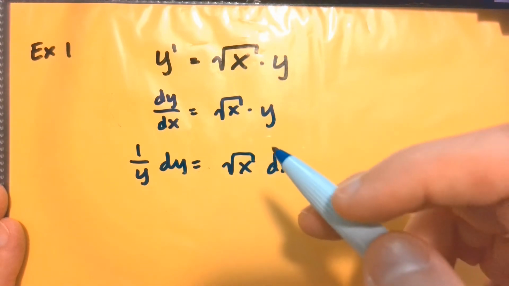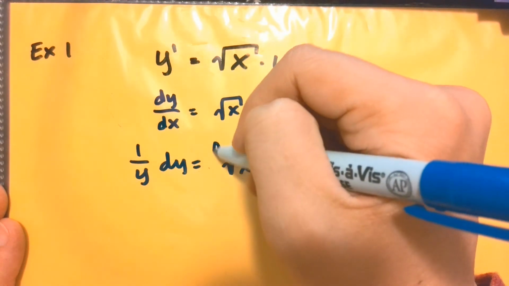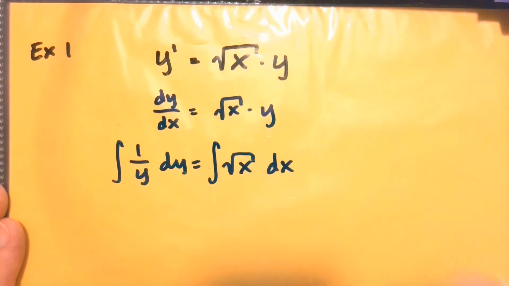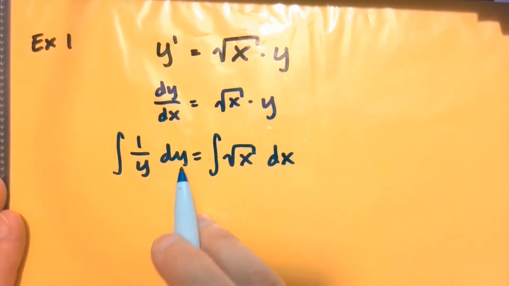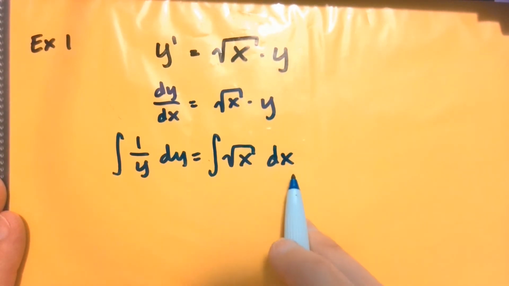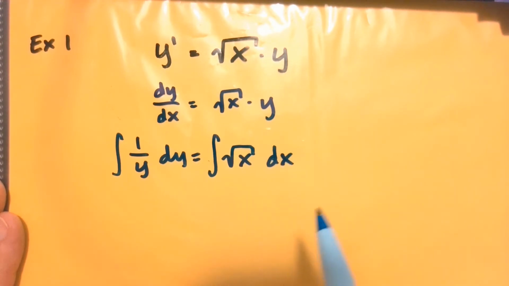This way, when I take that next step of solving a differential equation where I integrate, it's not really a big deal to take the integral of this with respect to y or the integral of this with respect to x. So this is called separation of variables, and really it just means that I want anything with a y on one side, anything with an x on the other side.